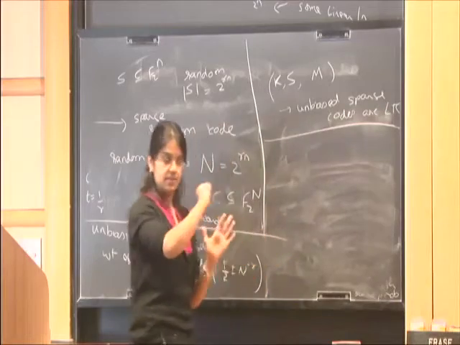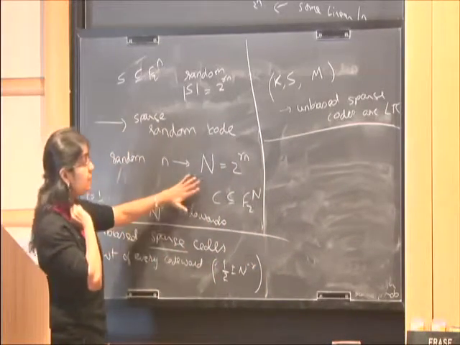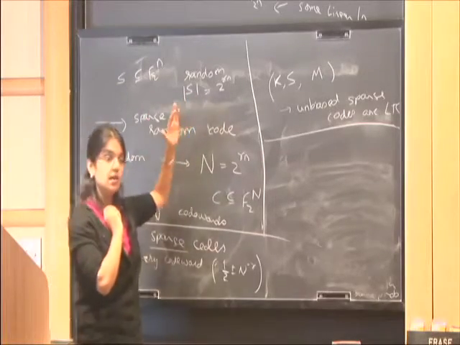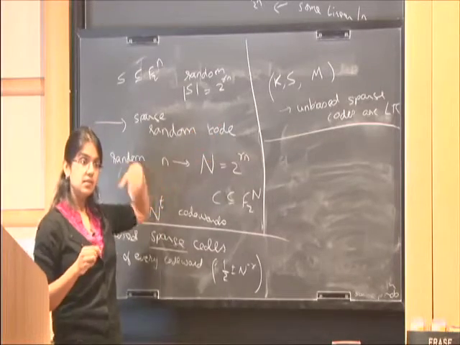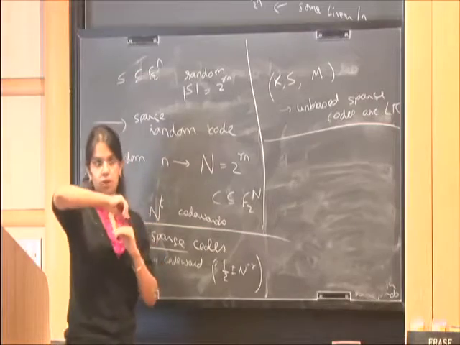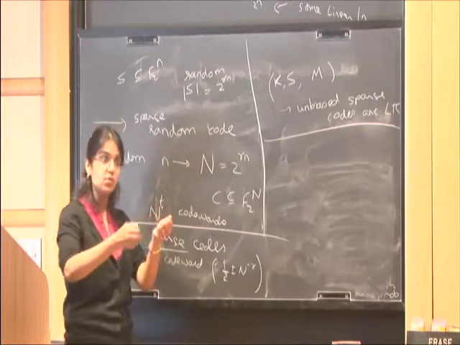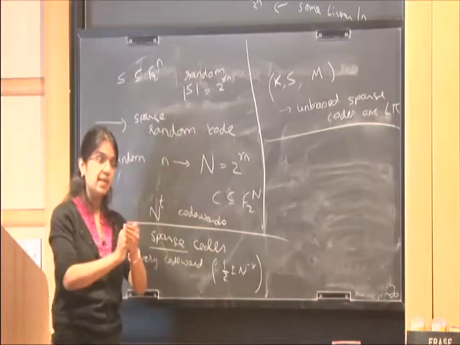I'll show this. It's not that hard. And then we'll focus on this particular case of unbiased codes or unbiased distributions and show that in fact something much stronger is true for these distributions. You don't have to just distinguish between near the code and far from the code, but you can actually estimate the distance of the received word from the code up to whatever accuracy you want.